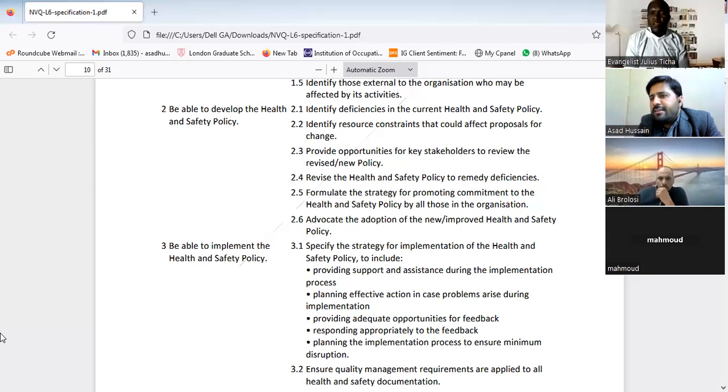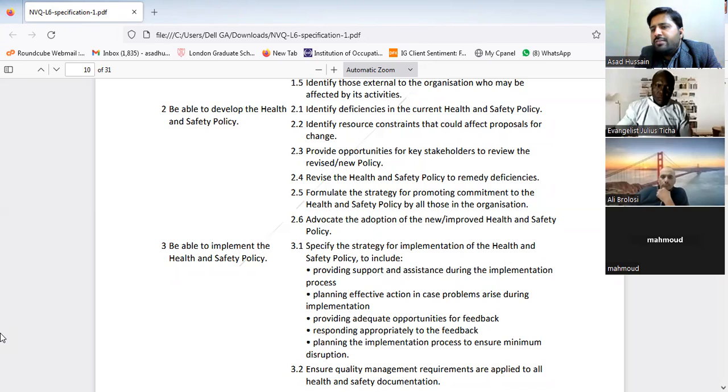Teacher, just like I've got it. So do remember that for this qualification, you can use the evidence from the last six months. Like you can say that one month before we identified some deficiencies in our health and safety policy, and we took 15 or 20 days to remove those deficiencies.